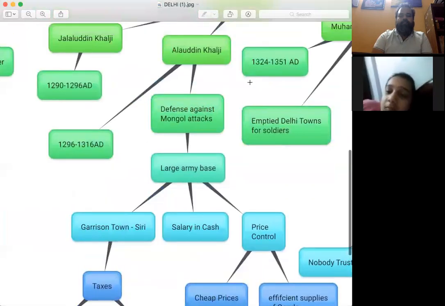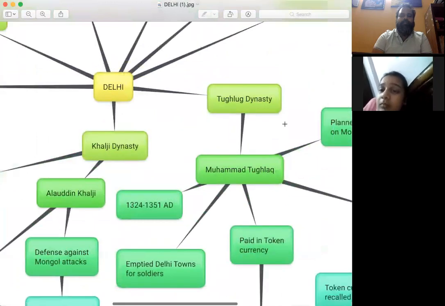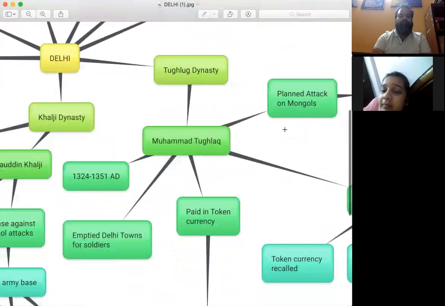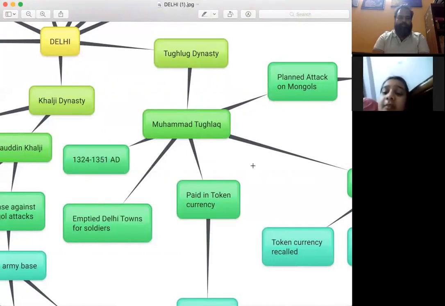So after Khalji, the next dynasty that came is the Tughlaq dynasty. The Tughlaq dynasty had many kings, but one of the prominent kings was Muhammad bin Tughlaq. He was a total failure. We are coming to that. Muhammad Tughlaq ruled from 1324 to 1351 AD.